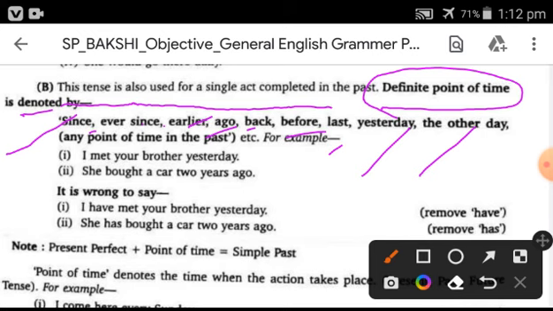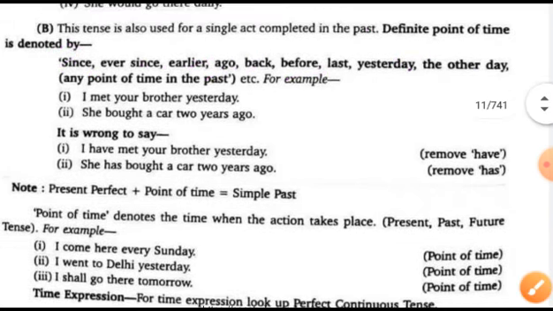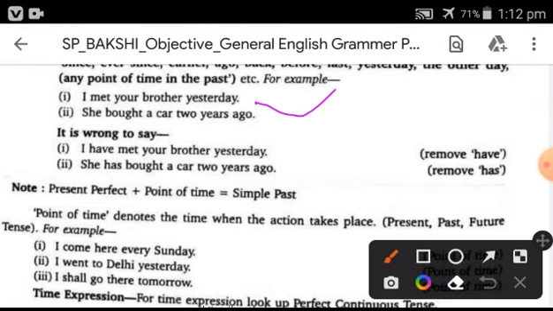Let us check it out. I met your brother yesterday. Yesterday is an adverb of time which shows past time, so we have to use past indefinite with that word.